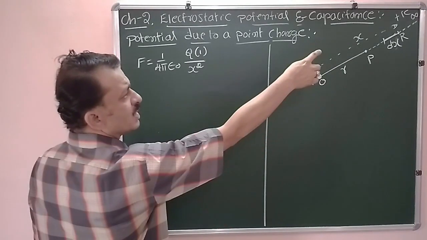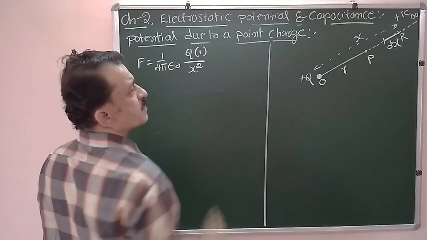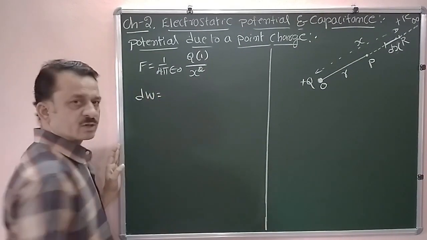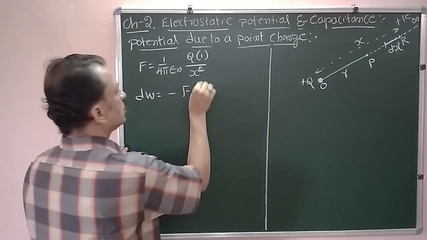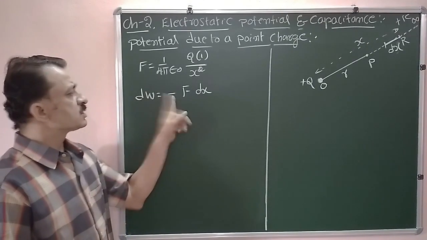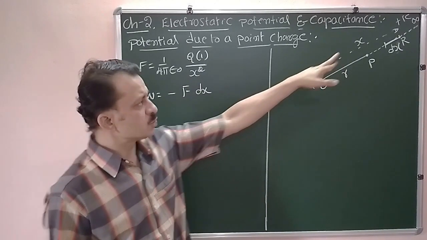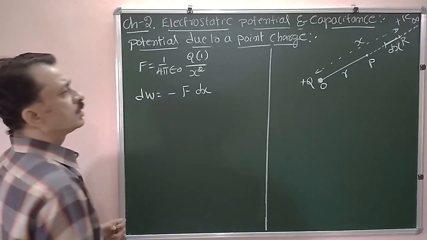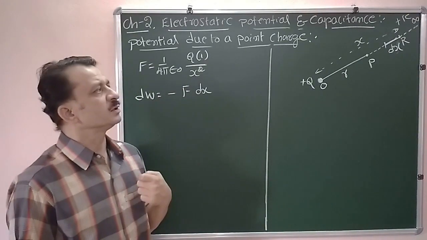Work done in moving the unit positive charge through a small displacement dx is dW is equal to minus F into dx. Why are we getting the minus sign? Because work has to be done against the field direction. Now this is a small amount of work done.